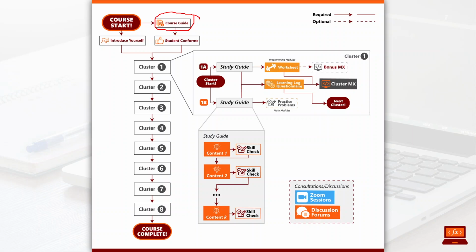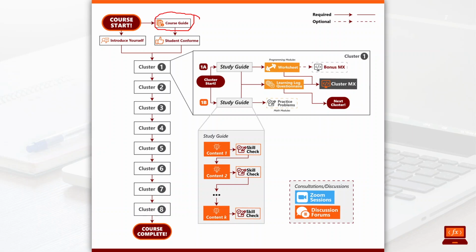Actually, nakasend din pala yan through email. Okay. Important na mabasa yung course guide kasi mas detailed explanation about our course.